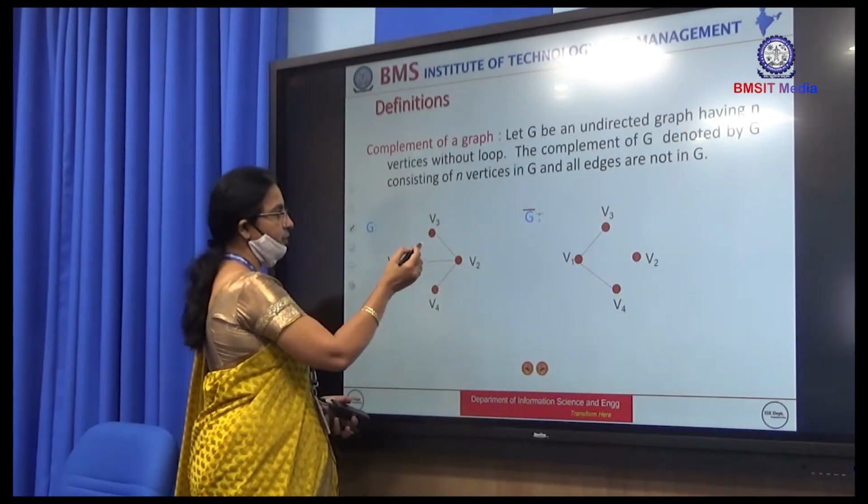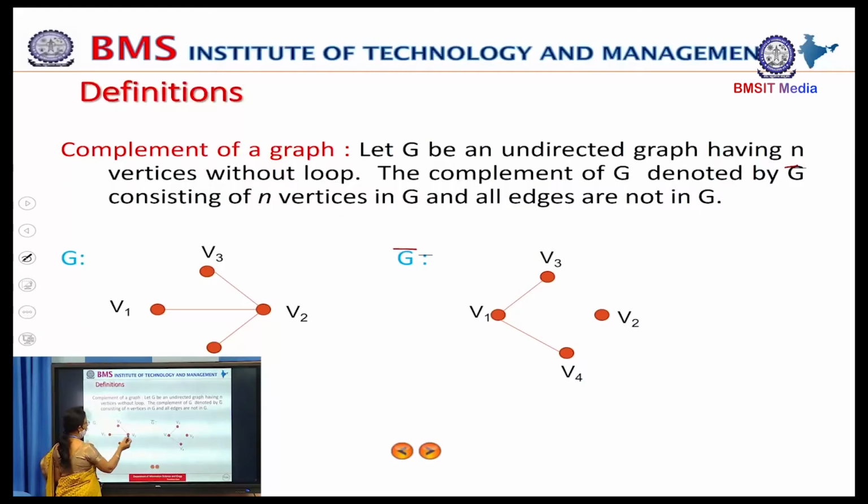See here, between vertices V1 and V2 there is an edge, that edge is not considered here. V2 to V3 there is an edge, that edge is not considered. V2 to V4, that edge is not considered. It means the edges that are available in G are not in G bar, that is the complement.